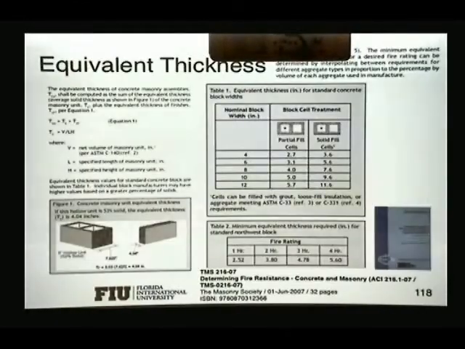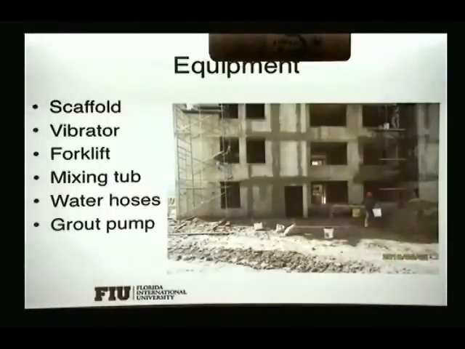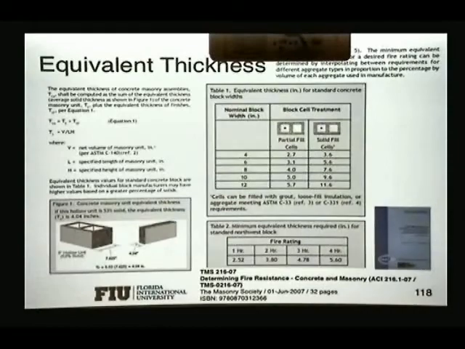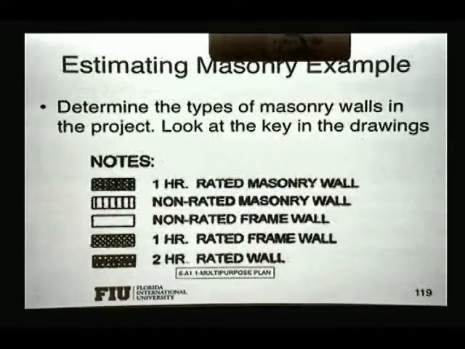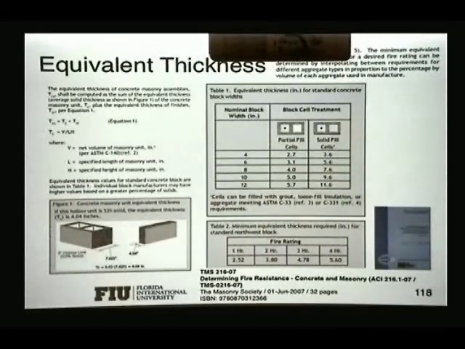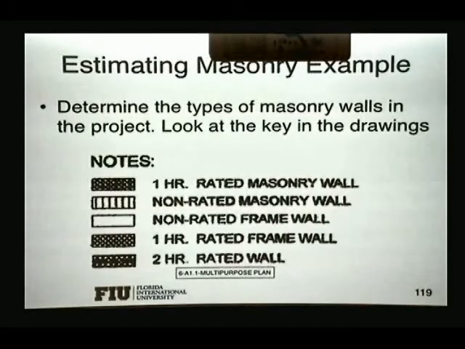What else? Equipment, very similar to the concrete type of equipment. We need scaffolds, we need buckets, all those things. Filling in the cells for different types of fire retardant.